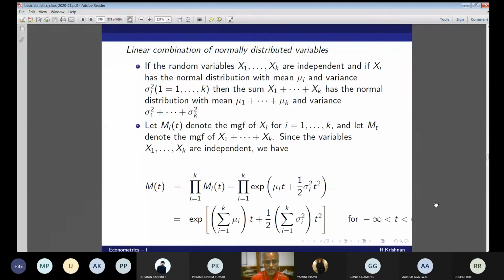Because it's independent, you simply add up the moment generating functions. Let Mi(t) denote the moment generating function of xi for i equal to 1 to k, and M(t) denote the moment generating function of the linear combination of the variables, that is the sum of x1 to xk, which are independent.